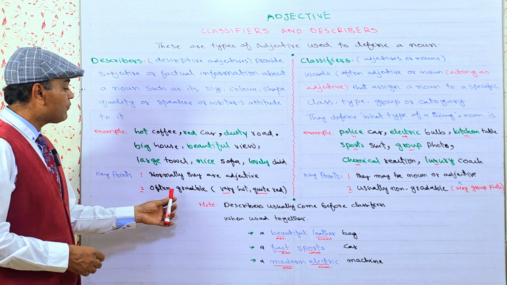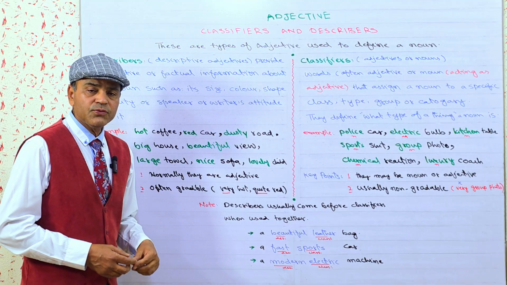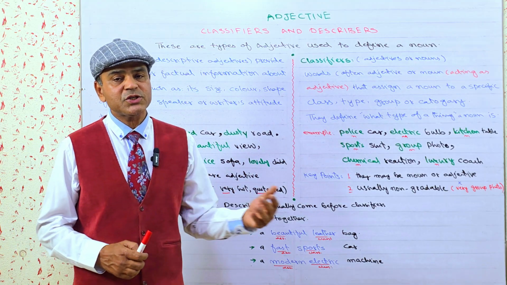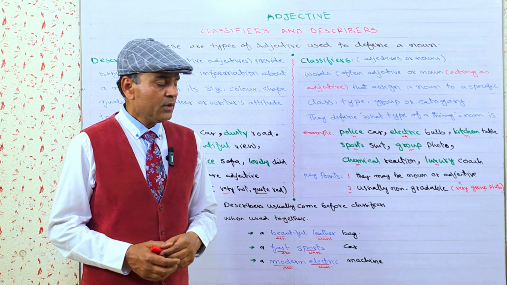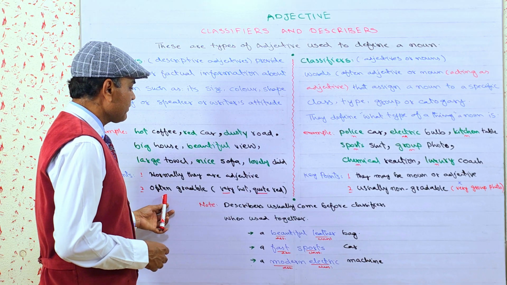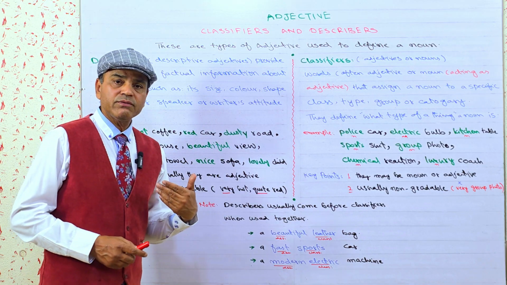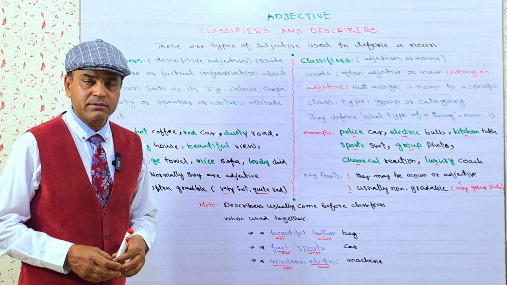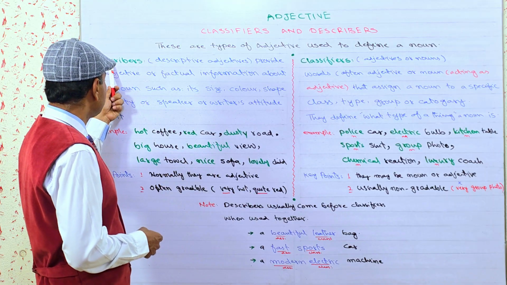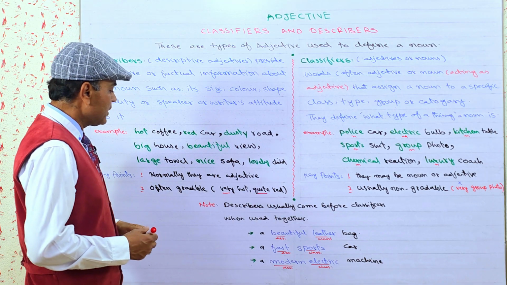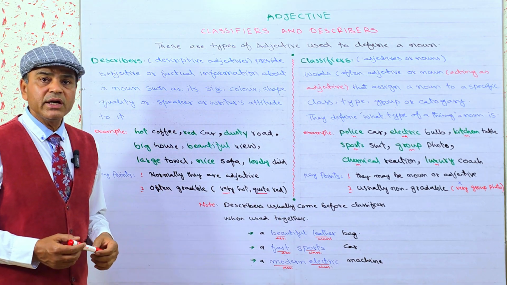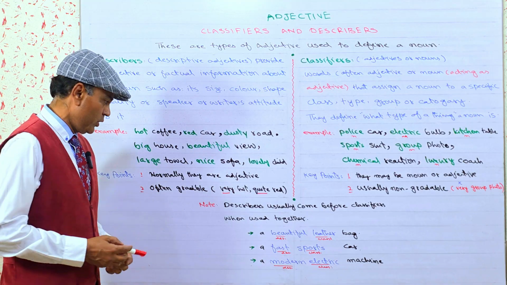And number two, often gradable. If you have watched my video about gradable adjectives, they are the adjectives which have a concept of degrees. So describers are adjectives that have a concept of degree. It means less or more.